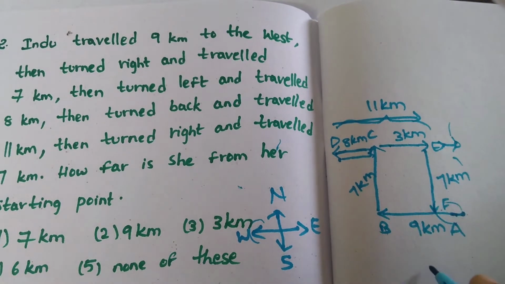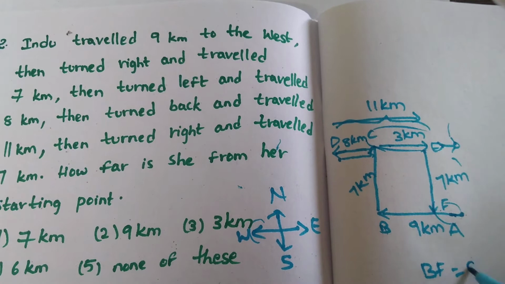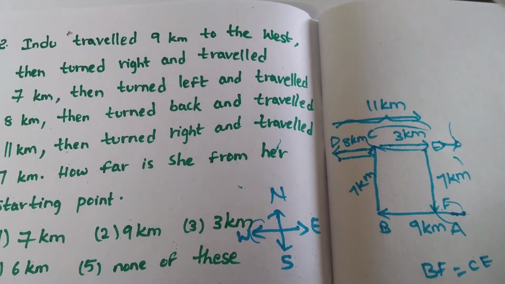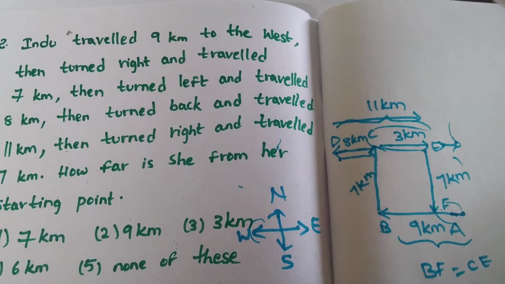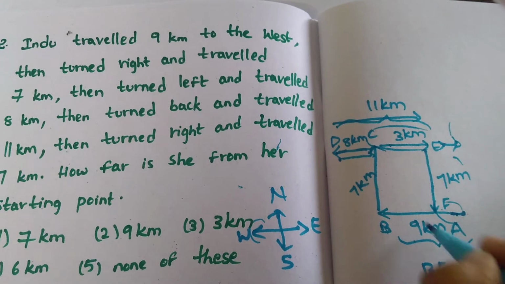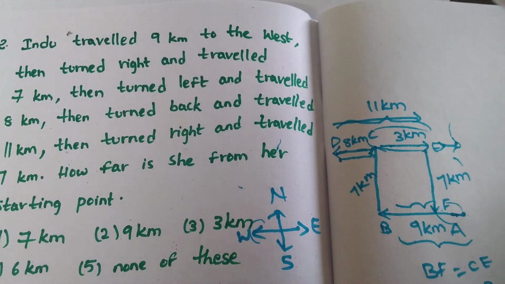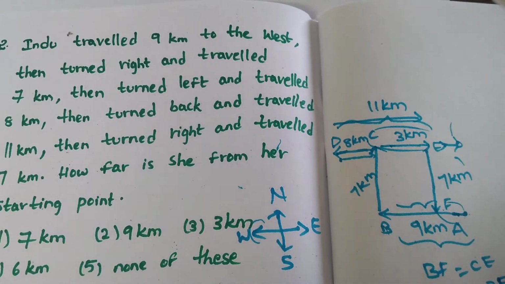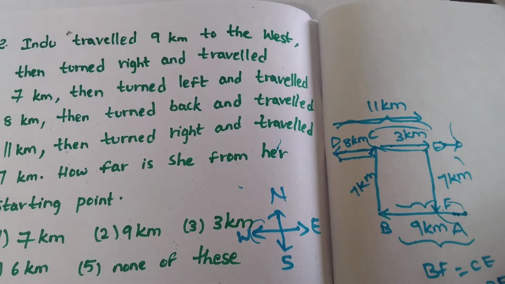So BF equals CE. So AF equals AB minus BF.